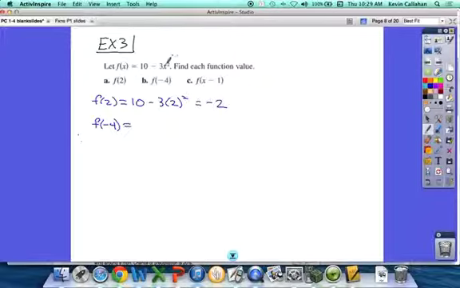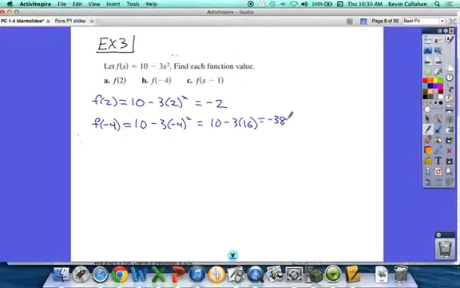Don't put it in the calculator and let the calculator tell you it's -16 because it's not. That's why you need parentheses when you put it in. We tend to make a lot of mistakes when we have squares involved, when we have negative values of x, and when we have a minus in there too. So all those things tend to lead to the wrong answer. But 10 minus 3 times -4 squared, which is 10 minus 3 times 16, which is -48, so -38.